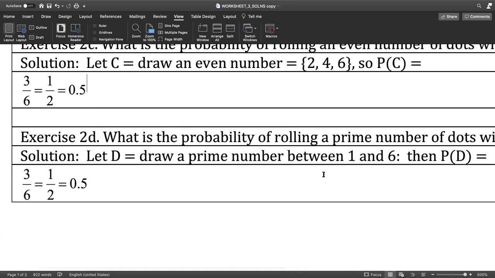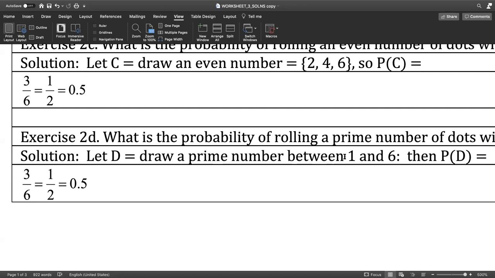Who can tell me what those are? 1, 2, and 3. No, 1 is not considered a prime number. Typically, the prime numbers start with 2. So you have 2 and 3. What is your other prime? 5. Those are the 3 prime numbers, 2, 3, and 5.